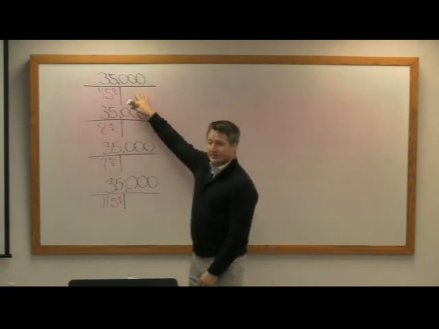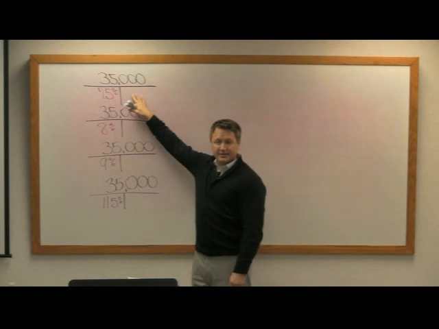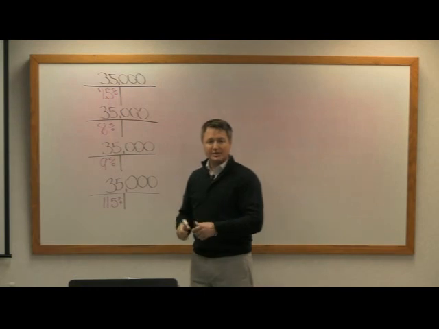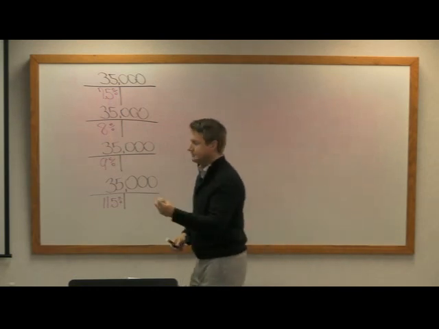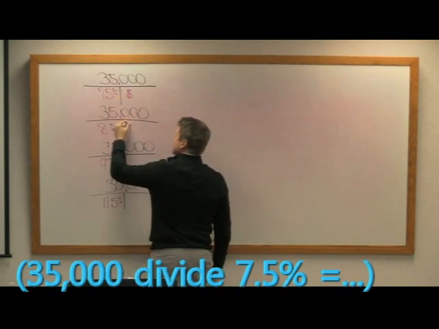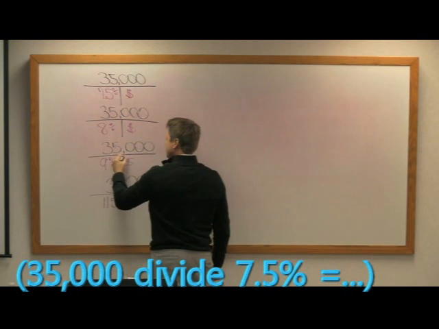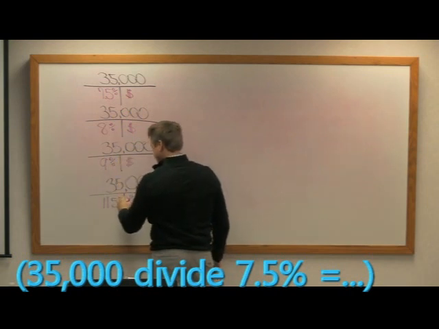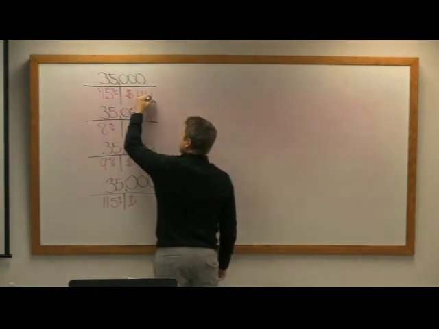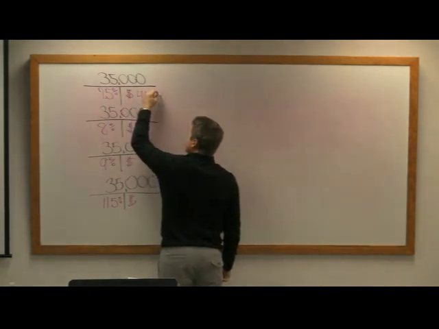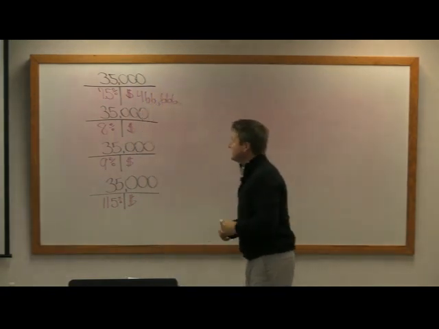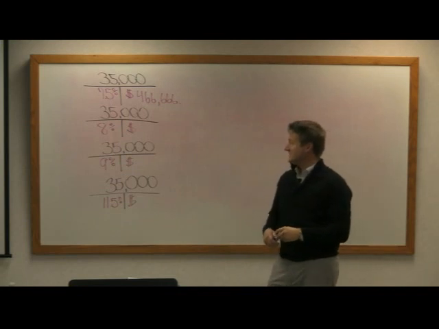So starting with this one, I have a $35,000 annual income and a cap rate of 7.5%. What would be my value? $466,666.